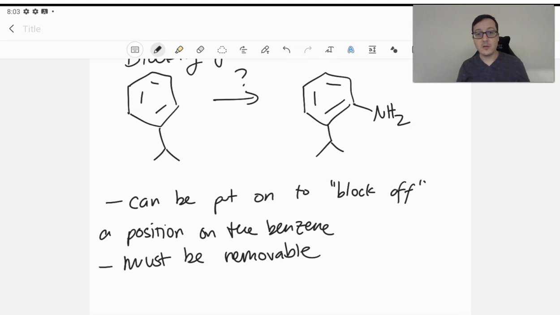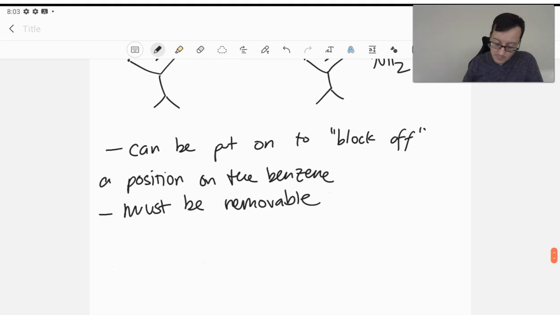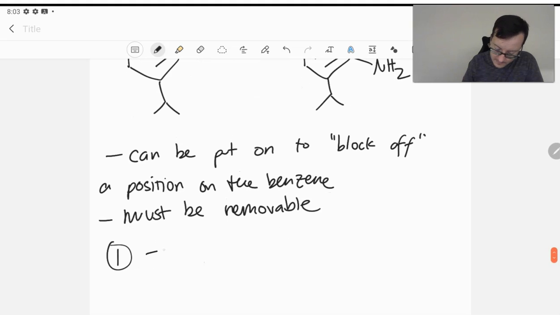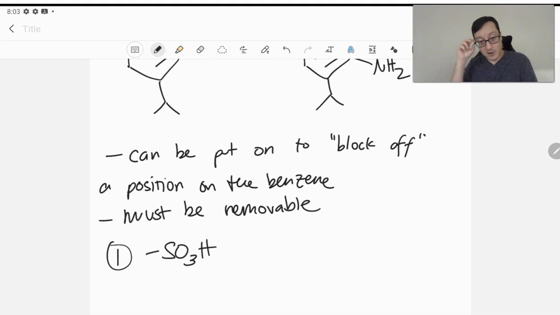We have really two options of blocking groups here. Most commonly is our dear friend, the sulfonic acid. We can put it on using fuming sulfuric acid and take it off using dilute sulfuric acid. Another option, though, is a nitro.